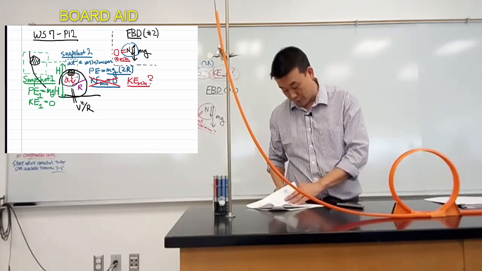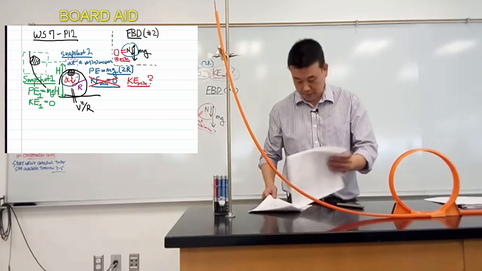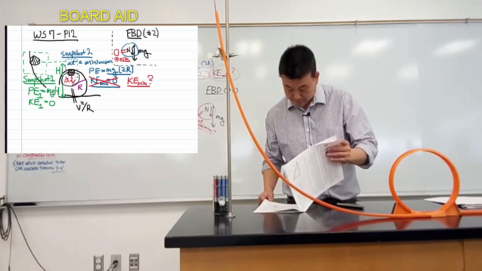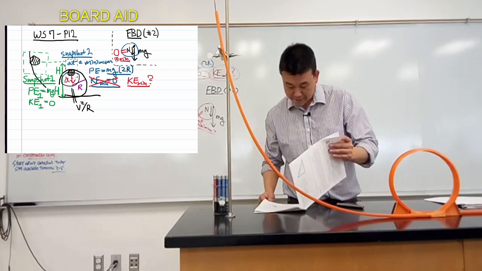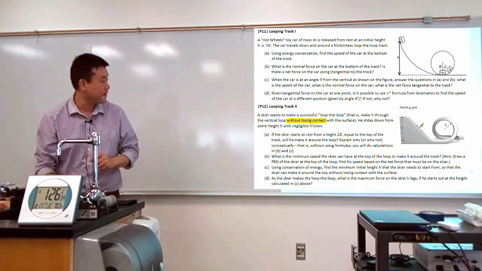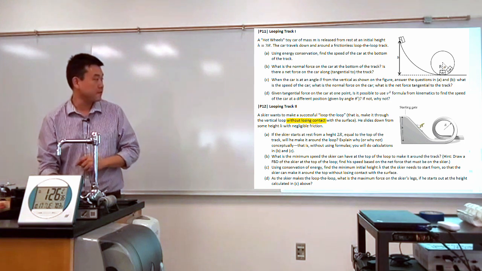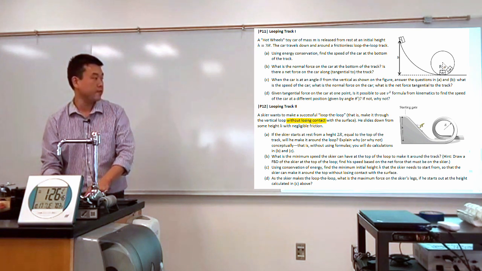Sometimes it has the right wording to remind you of that, sometimes it doesn't. In this particular question, it says a skier wants to make a successful loop-the-loop, that is, make it through the vertical loop without, this is the phrase, losing contact with the surface.